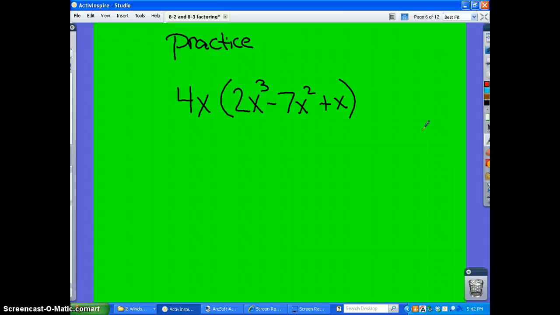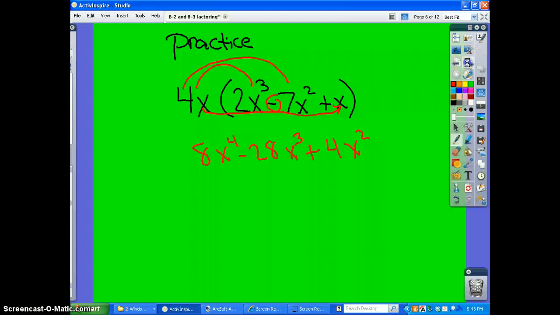Alright, you have 4x times 2x: 4 times 2 is 8, then x, add my exponents, to the fourth. 4x times negative 7, so I know it's going to be minus 28x, 2 over here plus the 1, it's going to be cubed. And the last one, 4x times a positive x is going to be plus 4x squared. And again, it just falls right into place, being in standard form.